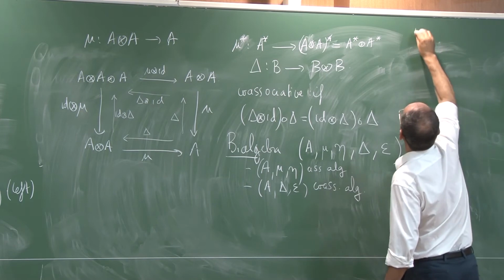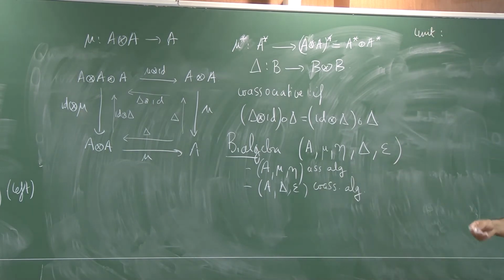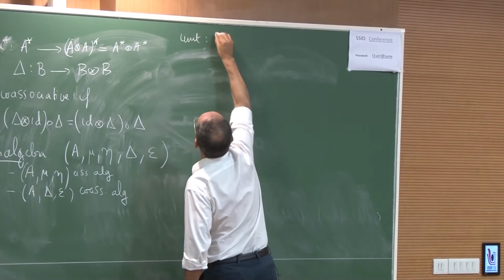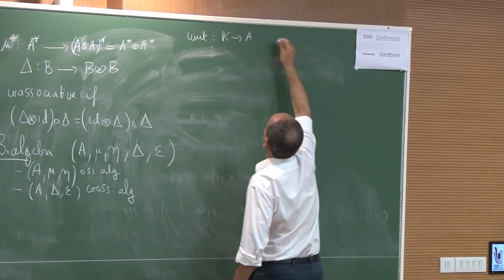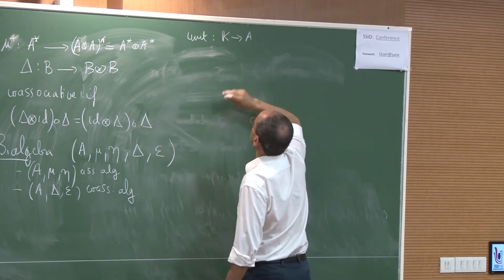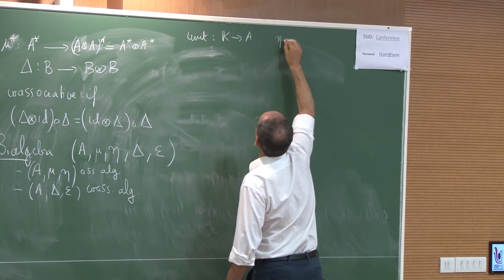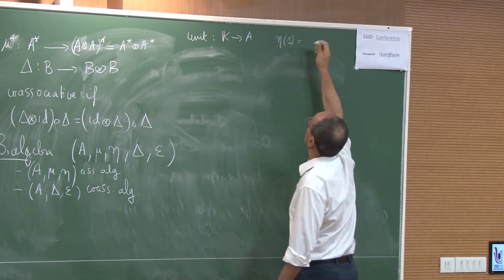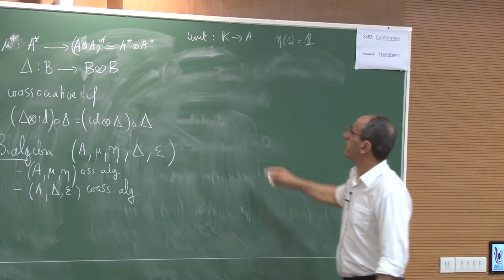The unit you can view also as a map. In this Hopf algebra language, we need to handle maps, and the unit is just a map going from K to A. Of course, this should be K-linear, and it is generated by eta of 1. This eta of 1 is usually what we denote by the unit.